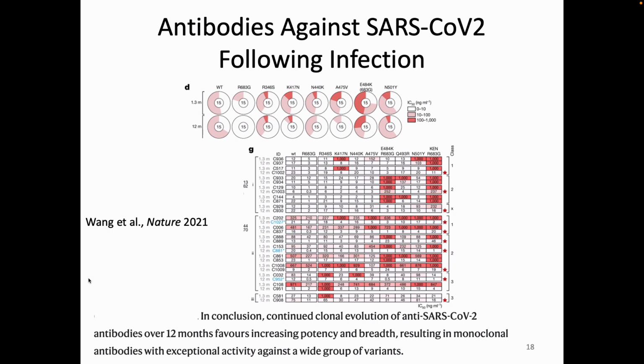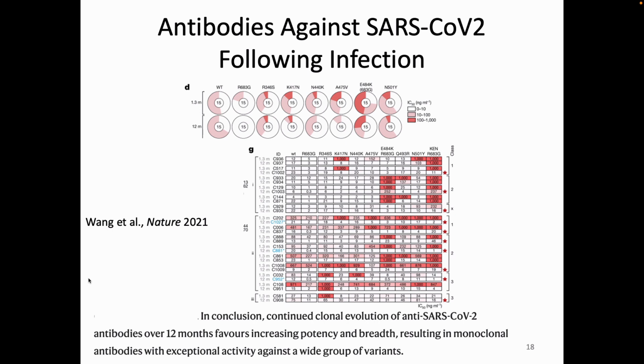In each pair, they've got one from 1 month and one from 12 months. Red means basically bad and useless. White means they work. So you can see that in some cases, the antibodies at 1 month are not good against variants, but at 12 months, fine. And you can see this in many examples here.